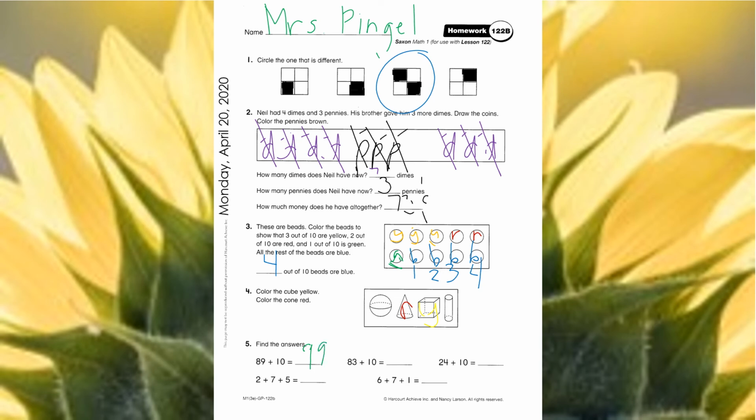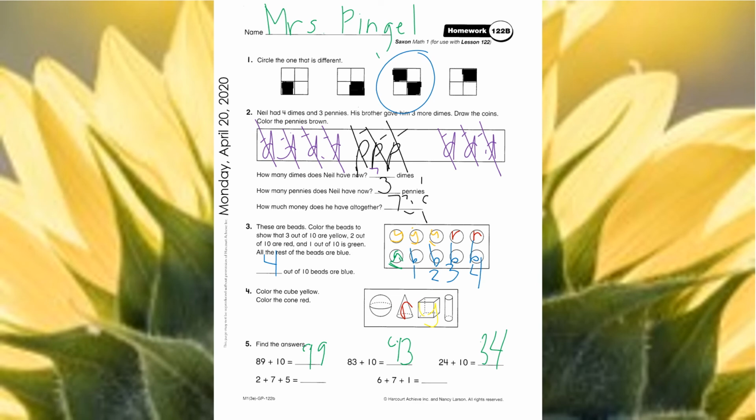The group of 10 goes up, but the ones stay the same. 83 plus 10 would be 93. And 24 plus 10 would be 34. Now you may use your 100s chart if you need help.